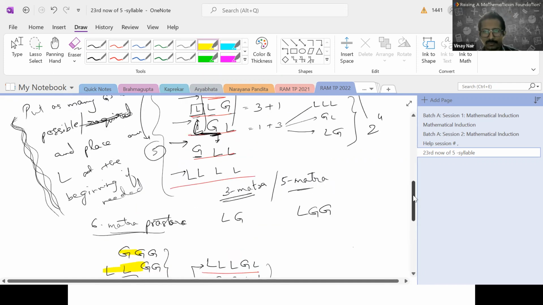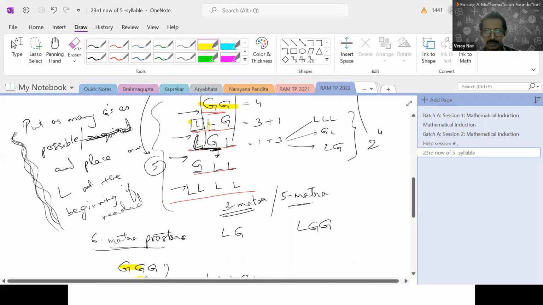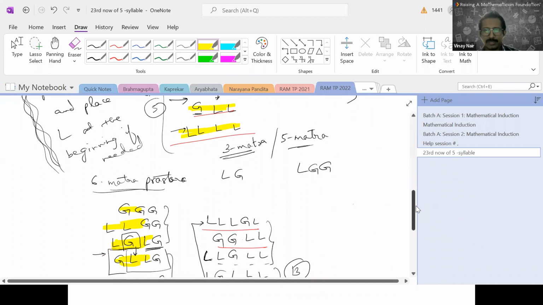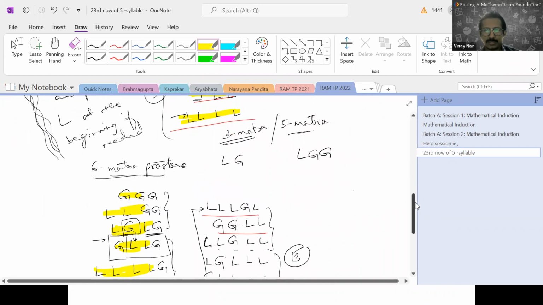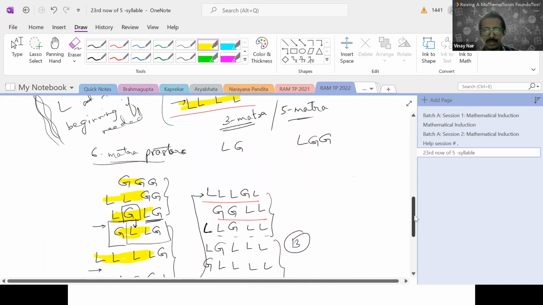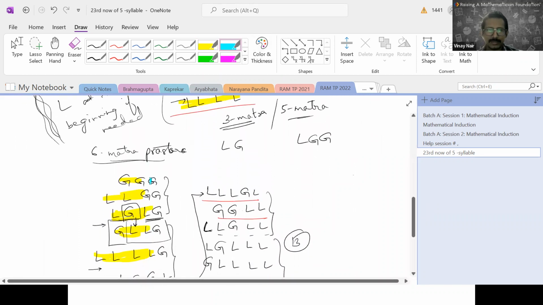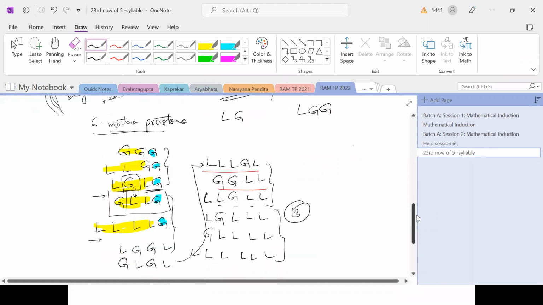This is GG, LLG, LGL, GLL, LLLL. Can you see there is a trailing G? Very interesting. Excellent observation, Ishan.